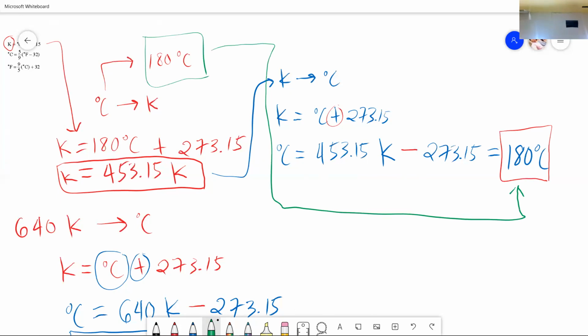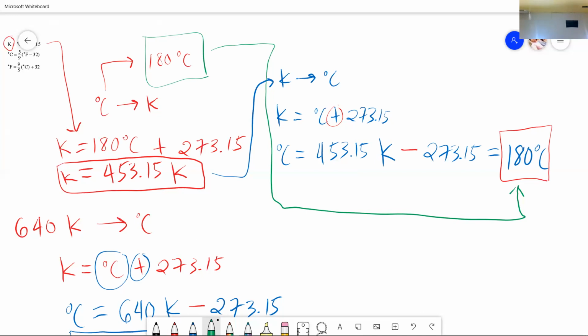So, correct. Therefore our formula is right when rechecking from degrees Celsius to Kelvin and Kelvin to degrees Celsius.